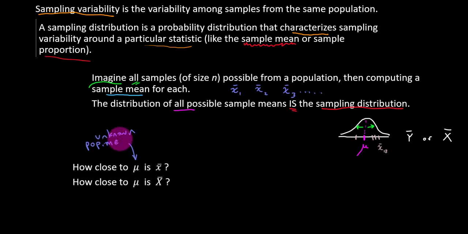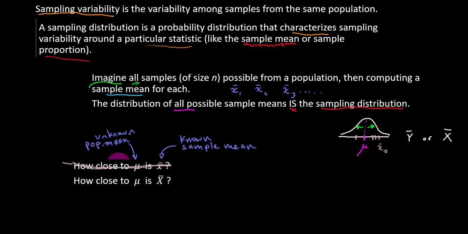And how close to mu is our sample mean, which is known because it's from a sample? Now, we actually cannot answer this top question because this is a lowercase x bar and it's a particular value from a particular sample.